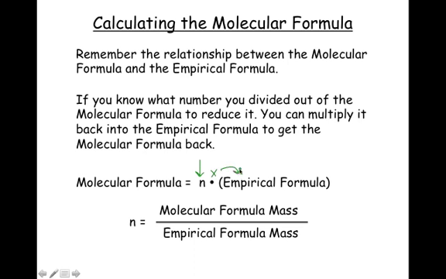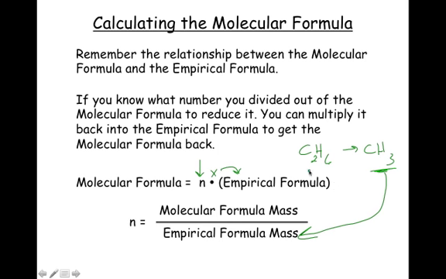The way to find n, you can be taught this many different ways, but I just find it a real simple formula here: n is equal to the molecular formula mass over the empirical formula mass. So for example, if we had our example we did a second ago, C2H6, which gets reduced down to CH3, the empirical formula mass is the molar mass of the empirical formula.